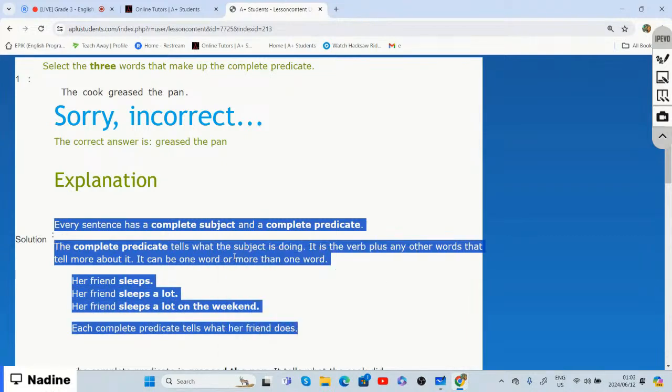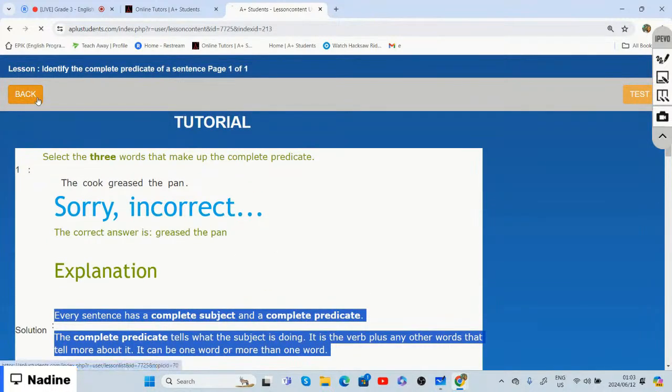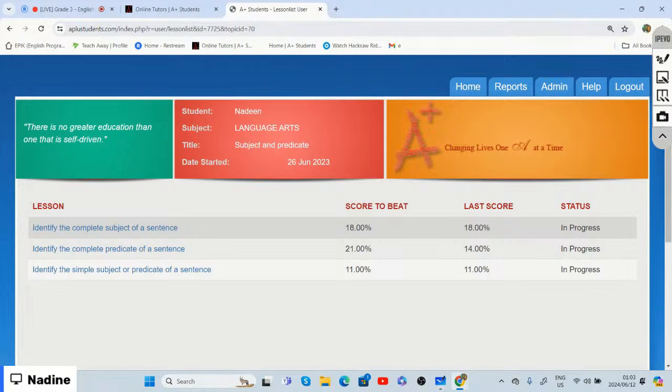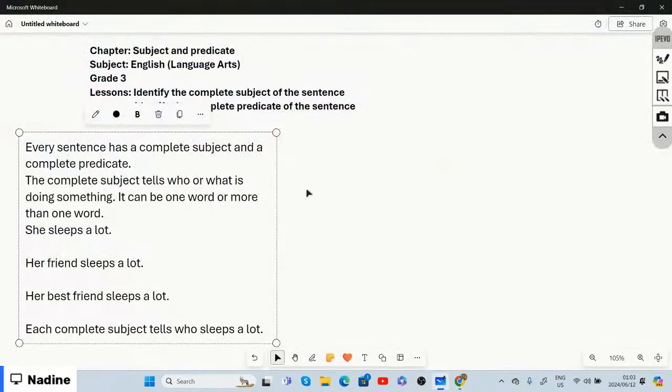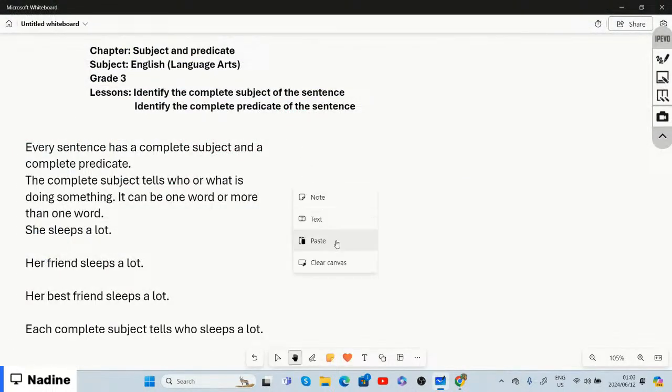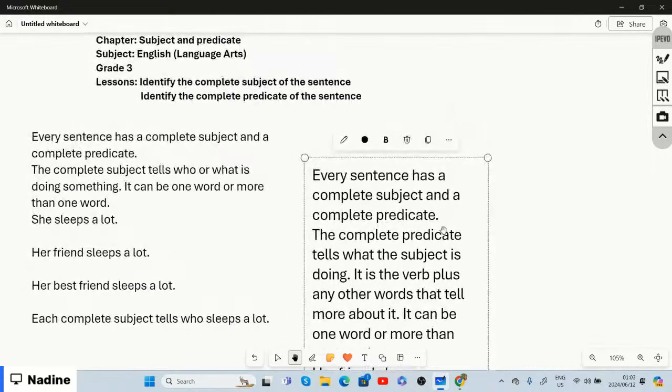Today in today's lesson, we are doing our grade 3 English lesson on subject and predicate. Before we start, we're going to log on to aplusstudents.ca.